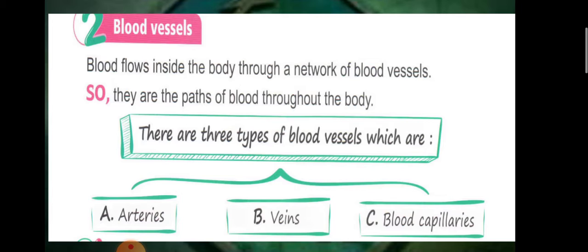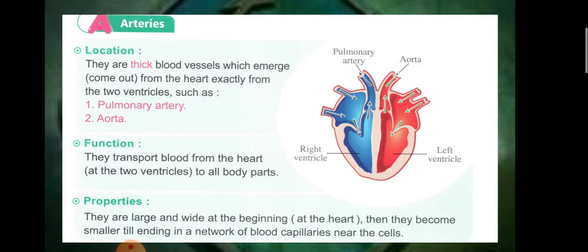The arteries, like the aorta or the pulmonary artery, come out from the heart, especially from the ventricles, and they carry the blood from the heart to all the body parts. They all carry oxygenated blood, except the pulmonary artery that carries deoxygenated blood. They are thick at the beginning, then become smaller, and end with the blood capillaries.